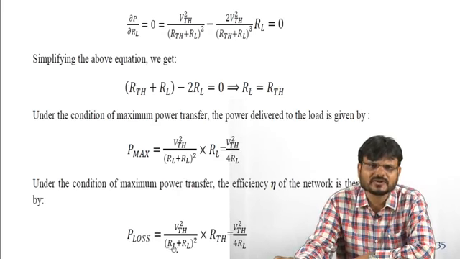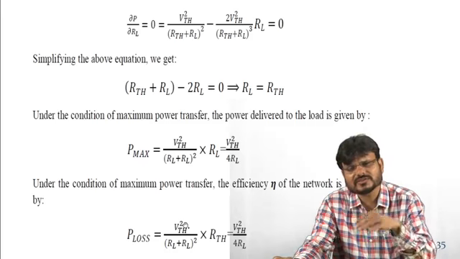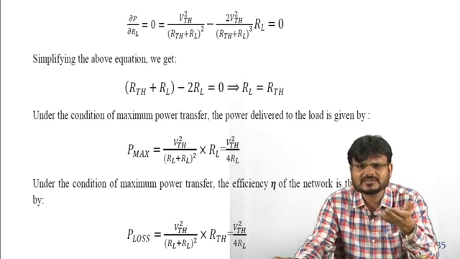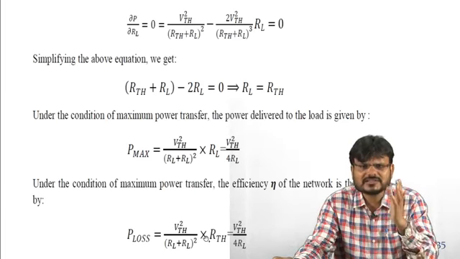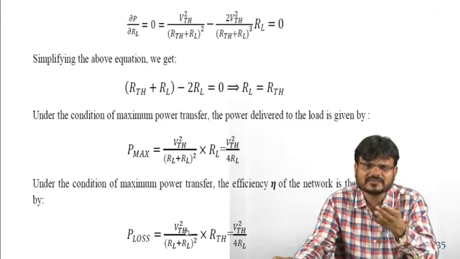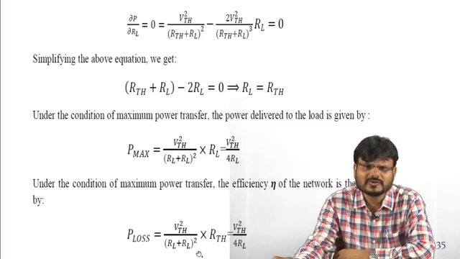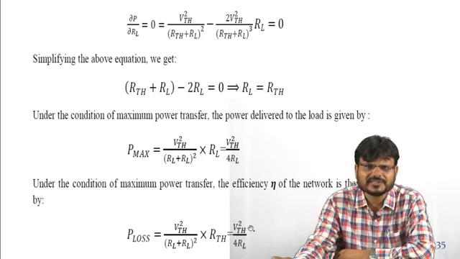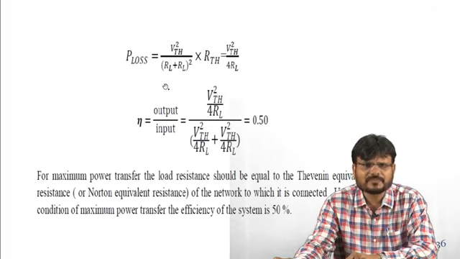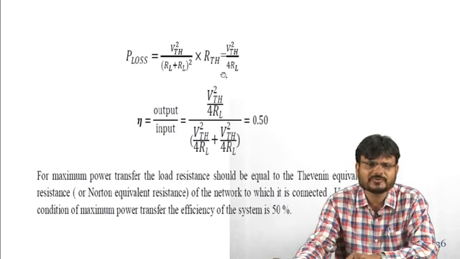Power losses is equal to I_L square into R_TH, the total resistance of the network, and the value of I_L is E_TH upon 2R_L whole square. So the losses can be written as E_TH square upon 4R_L.